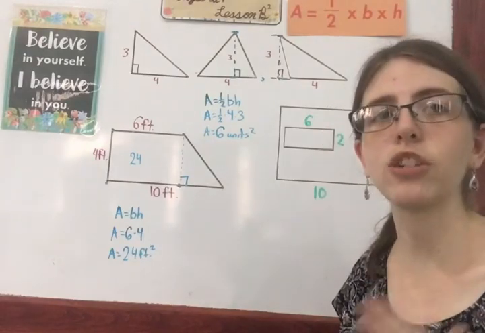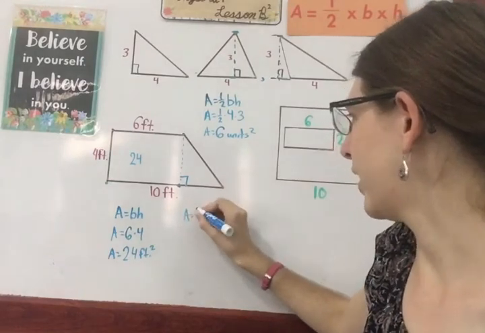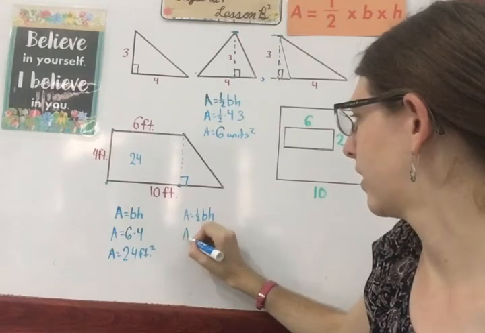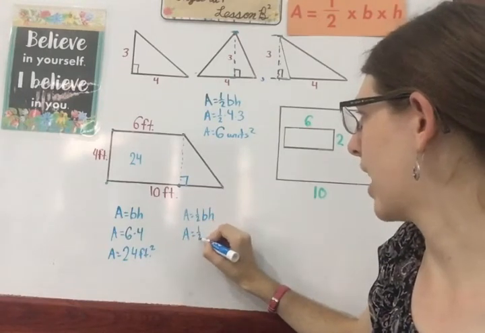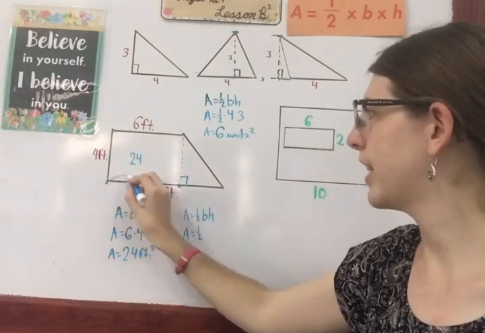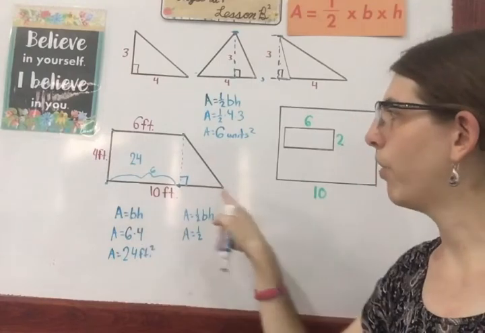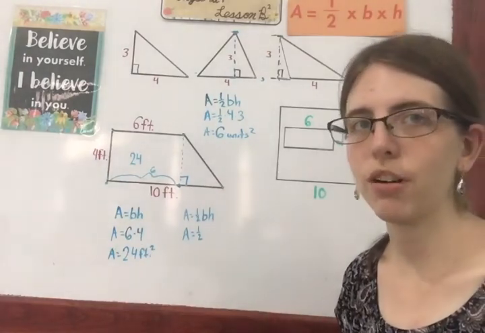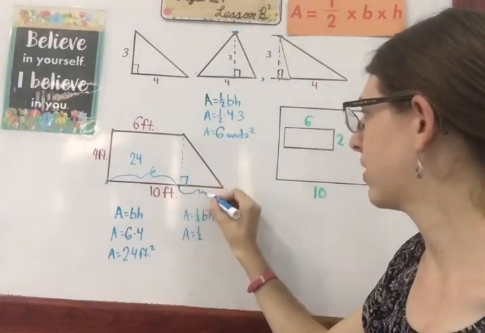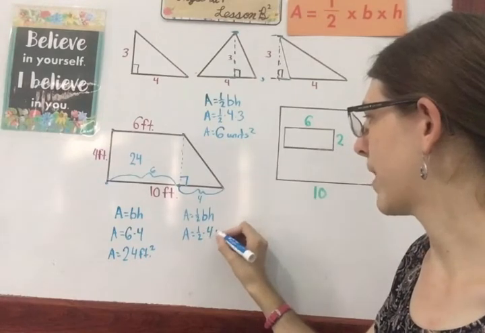Now I'm going to find my triangle. So the area of my triangle is 1/2 times base times height. So 1/2 times, now what's this base? Well, I know that from here to here is 6. The whole thing is 10. So what's left over? 4, that's right. So from here to here is 4 feet. So my base is 4.